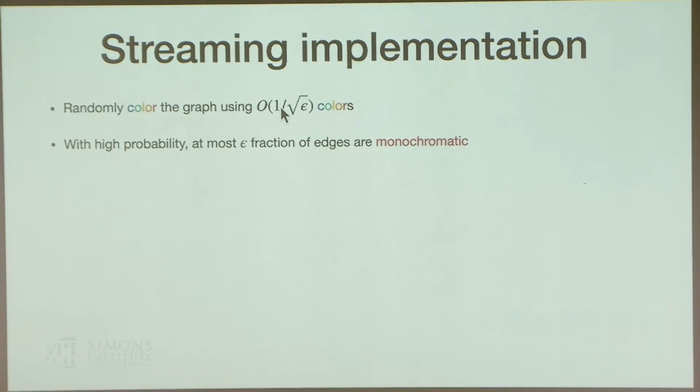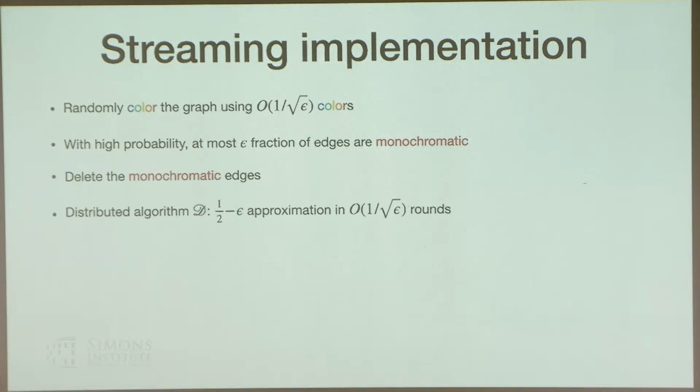Just delete those edges, ignore them, forget about them. Your Max-DICUT value is not going to change by more than epsilon. That's all you're losing. So you can think of this as a distributed algorithm that gets a half minus epsilon approximation in order 1 over square root of epsilon rounds. And really, we are only going to get this half minus epsilon approximation in the streaming model, and that's going to be our goal.